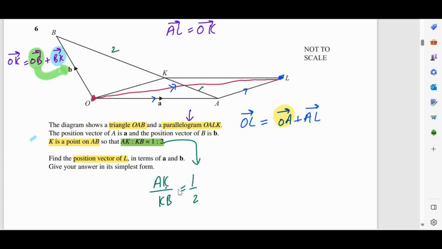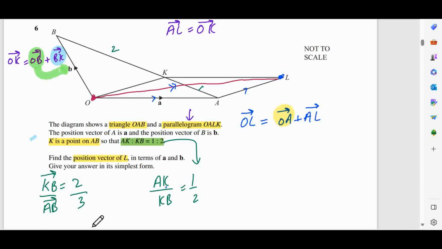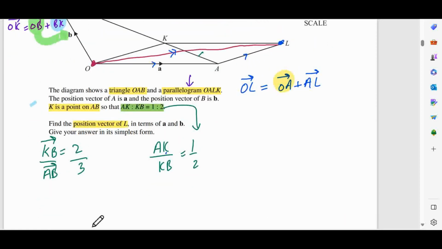Now from here, if we rearrange, if KB is 2, AB, vector A to B, will be 3. So from here we can say that vector KB will be equal to 2 by 3 times vector AB.